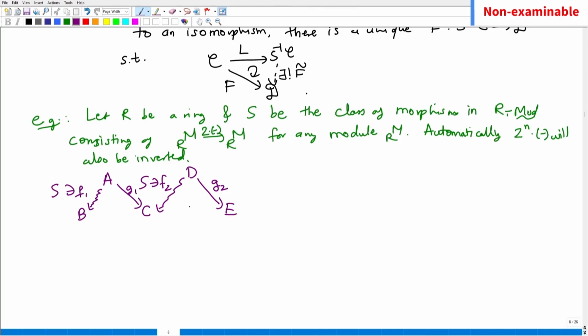Then similarly, we should be allowing compositions of such things, well, finitely many such things, because if it's a category, we have to close it under compositions. So in general, imagine what happens. I'm given two fixed objects, and in between I can take finite zigzags of this kind: one inverse, then direct, inverse, direct, inverse, direct.